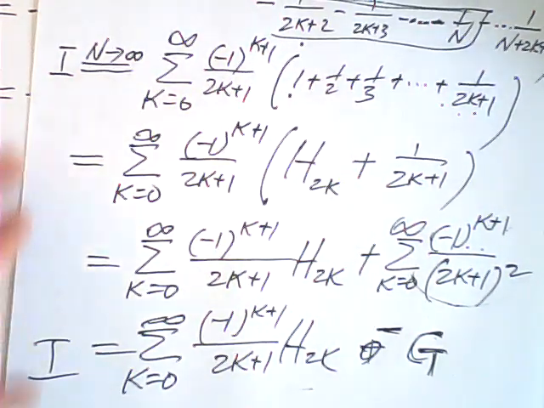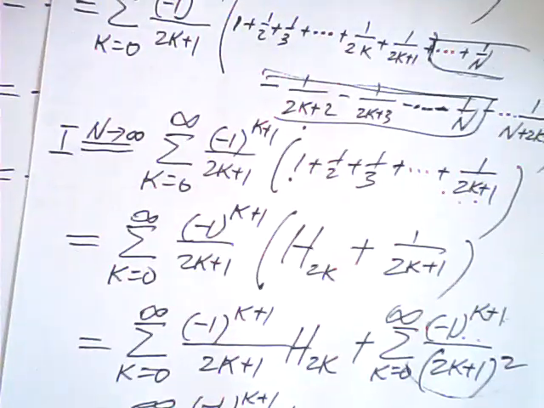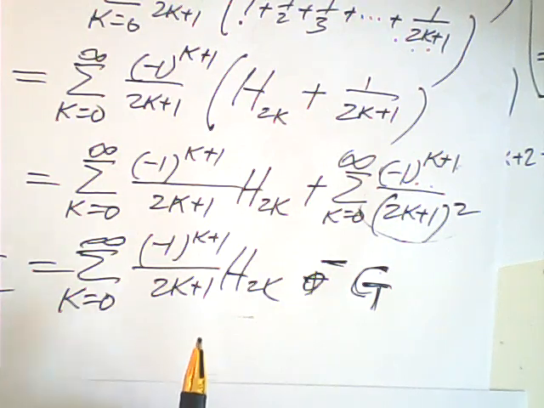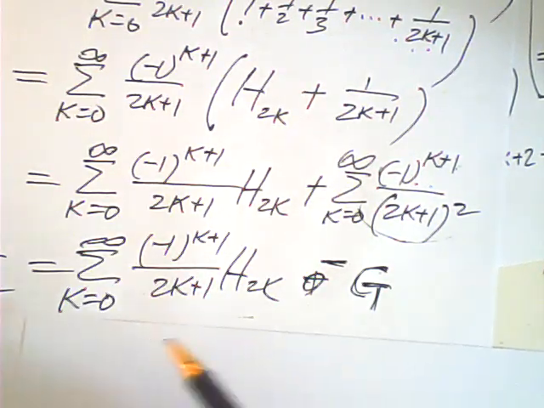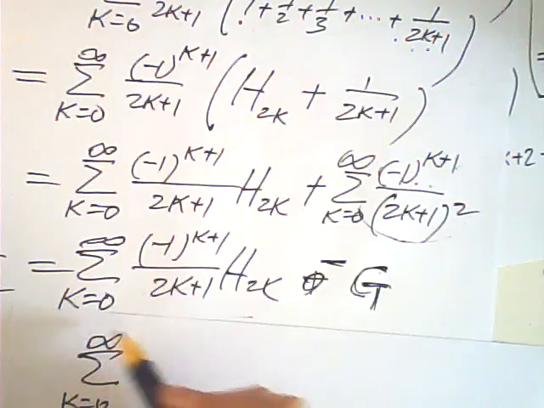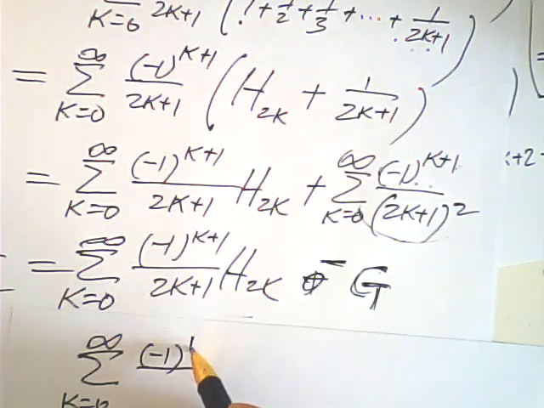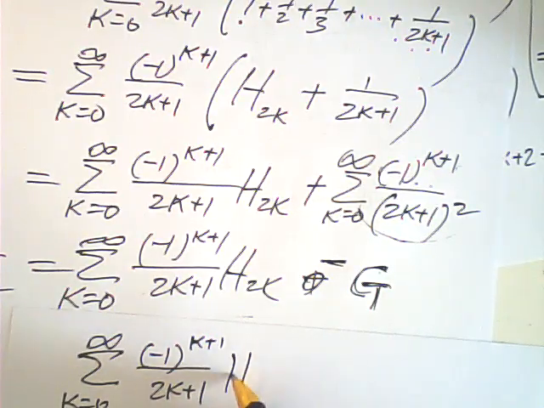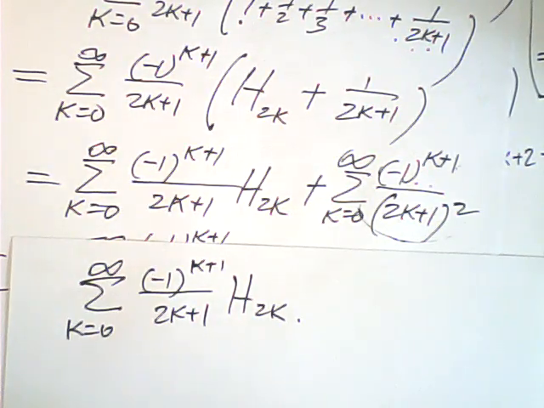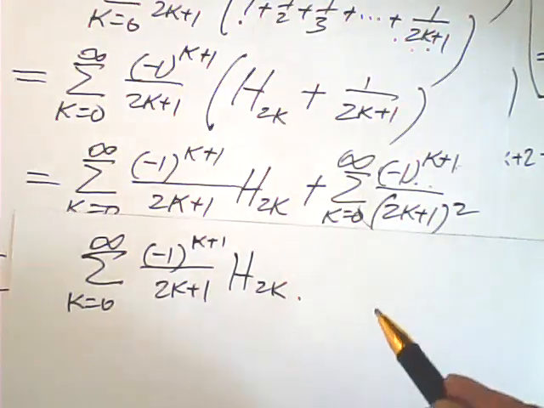Now, finally, we need to discuss this. To discuss this one's not easy. We need to discuss this one, the sum of 1 over 2k. We discuss step by step.